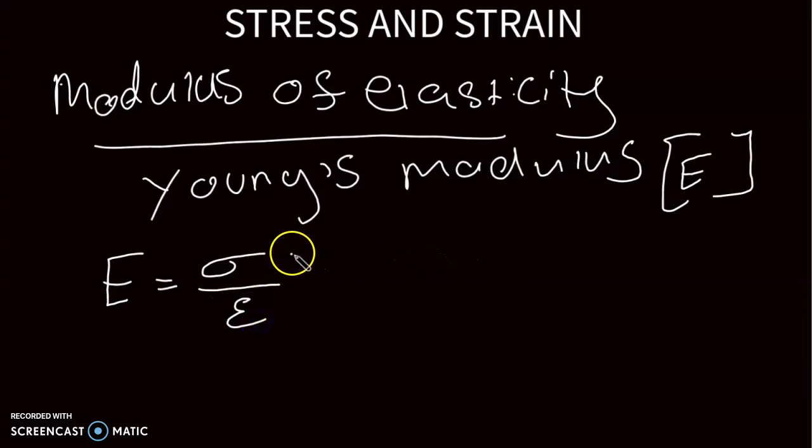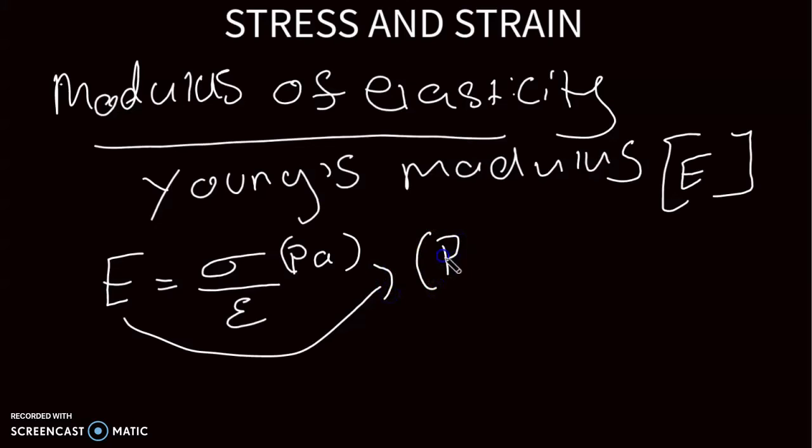We remember that the SI unit for stress is Pascal, and strain doesn't have any unit, it's unitless. Therefore, the Young's modulus of elasticity also has an SI unit of Pascal. And the Young's modulus of elasticity will depend on the material that we are using for the member or beam that we are dealing with.